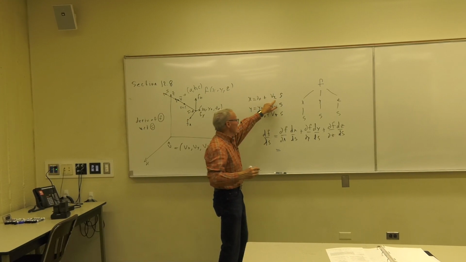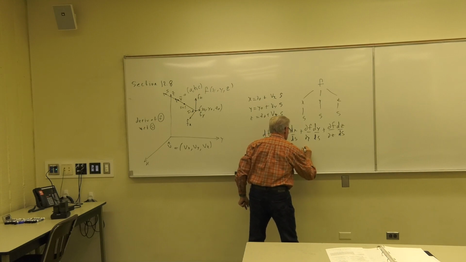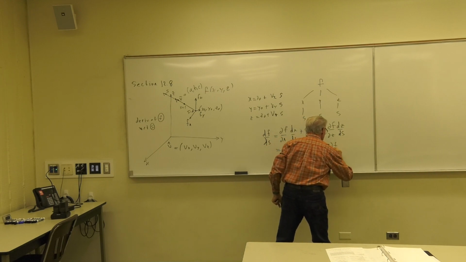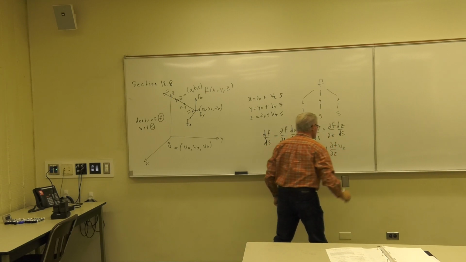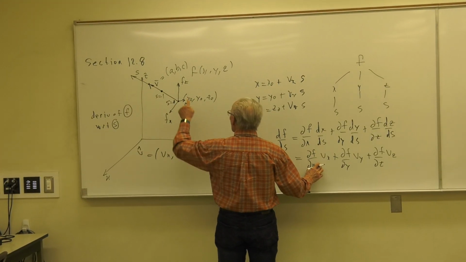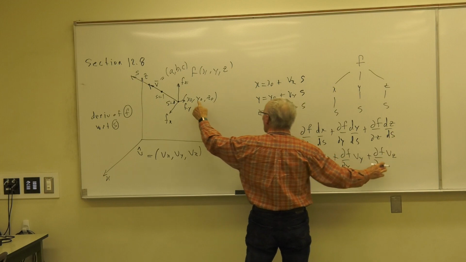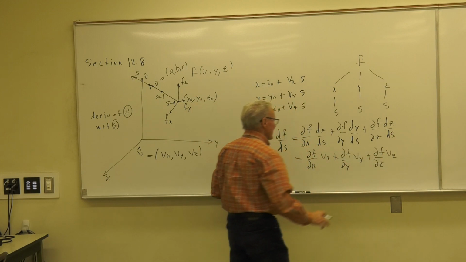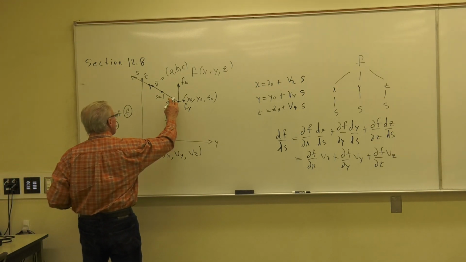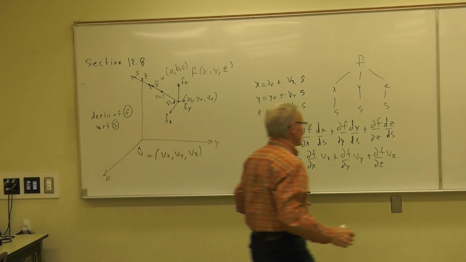Differentiate with respect to s, and you get v sub x. So you get df dx v sub x, df dy v sub y, df dz v sub z. That, if I put into this derivative, I put that point in. I take this derivative, I put that point in. I take this derivative, I put that point in. I've now got the rate of change of this f function going in that direction with respect to distance in that direction.